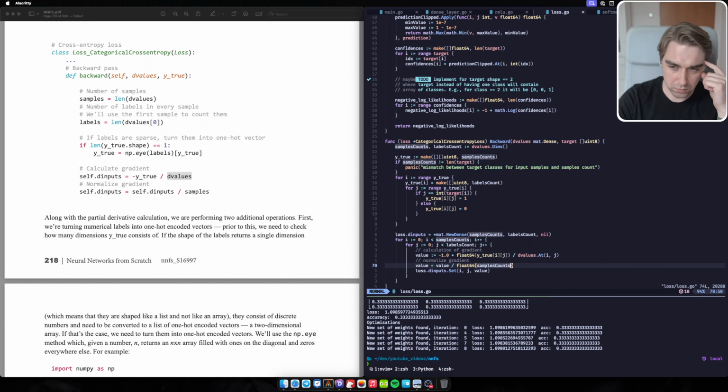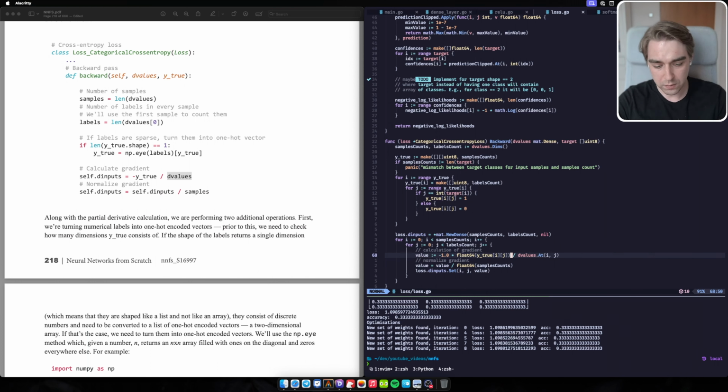We can do it at once. I mean, I can write it here, like divide once again, but that's just easier to understand. So this should be the calculation for categorical cross entropy loss.